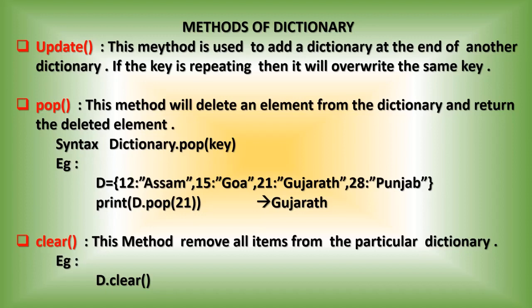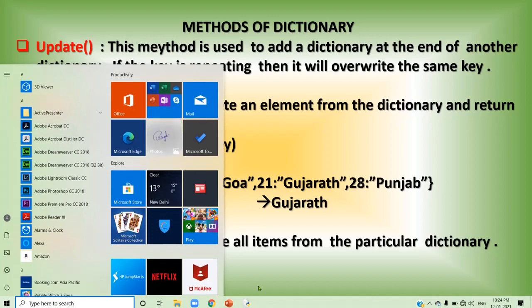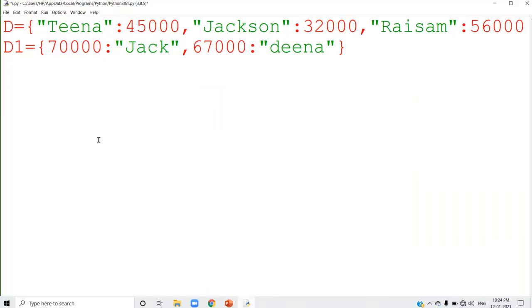Using the update method, you can add a dictionary to the end of another dictionary. I'll show you one example. Here there are two dictionaries, D and D1.